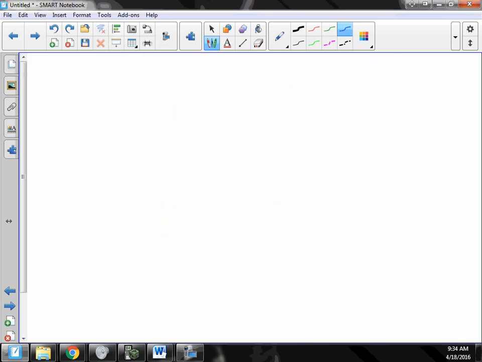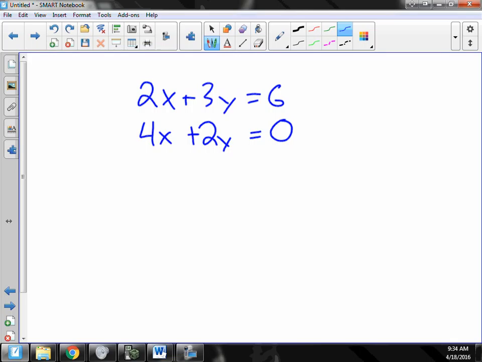We frequently turn linear systems into what we call augmented matrices. So if I had the linear system 2x plus 3y equals 6 and 4x minus 2y equals 0, in order to find a single solution, that piece of the matrix has to be square.